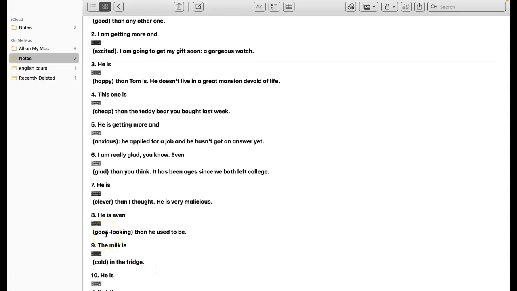We cannot say better looking because here there are two words combined, so we cannot use the exception in this case. The milk is colder in the fridge. He is slimmer than you.